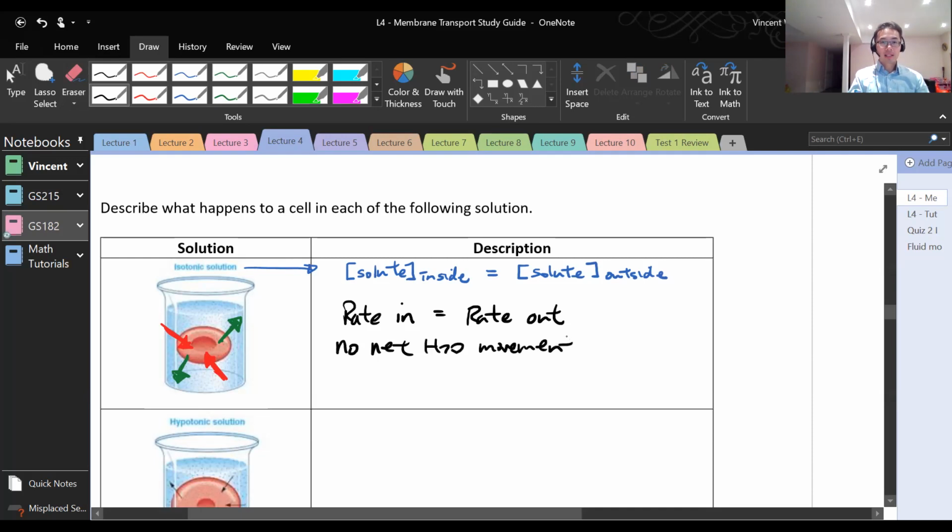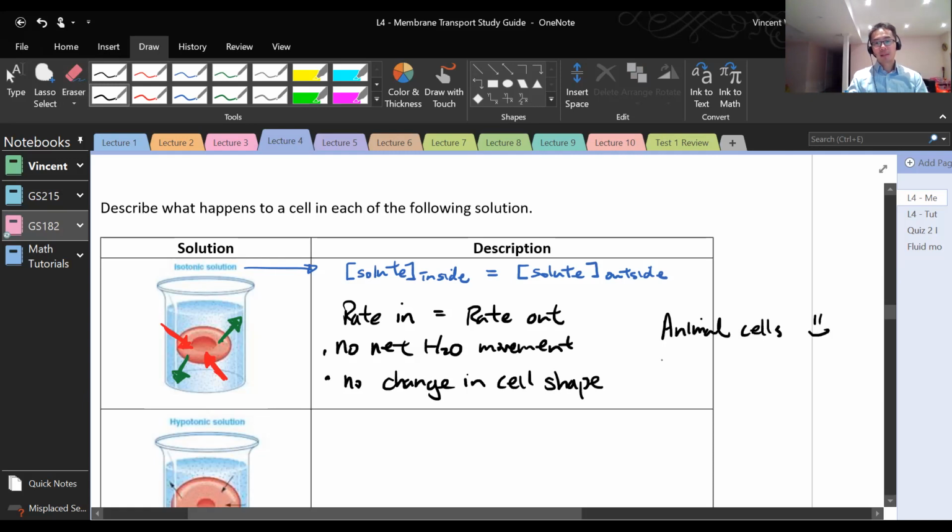The cell is not gaining water and not losing water, so there is no change in cell shape. Animal cells are happy in an isotonic solution. Plant cells are so-so.